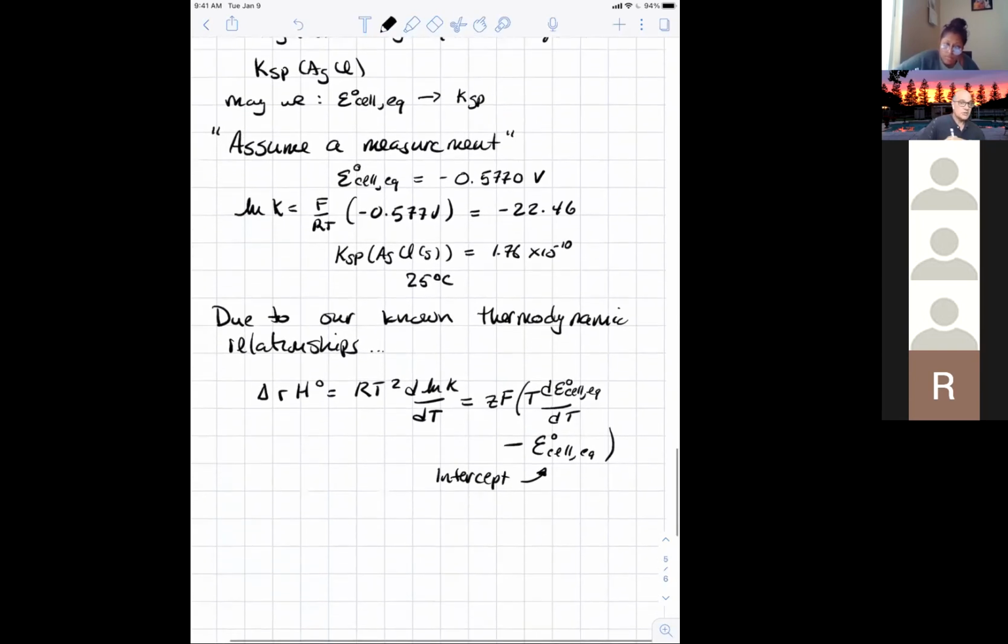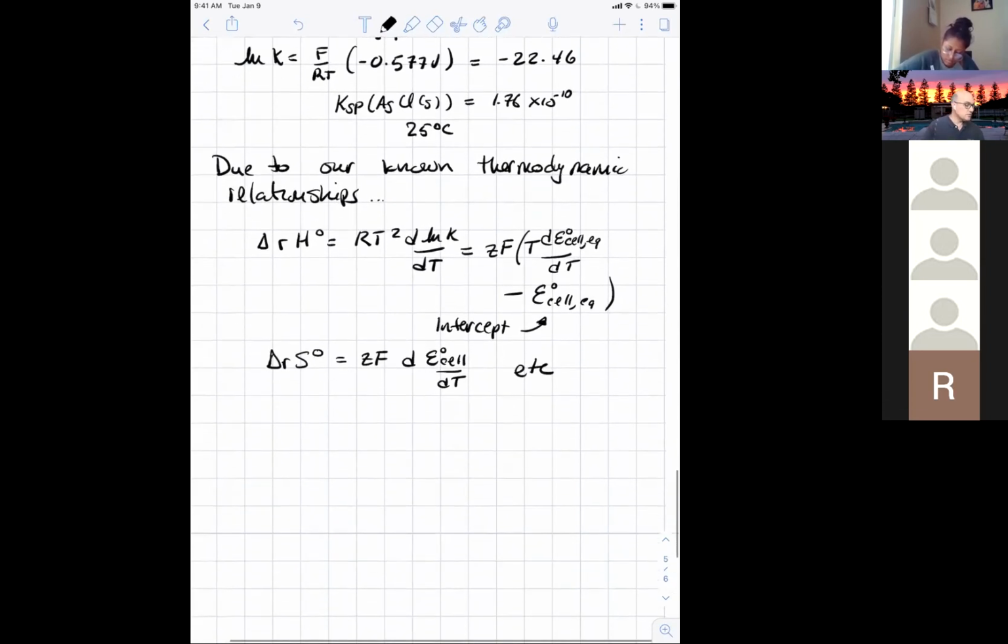This looks like we should be able to plot some data and get some of the things we want. Turns out it's still not quite this simple, but we're getting there. And by the way, we could get entropy. And so on. So we have these relationships that we can work with.